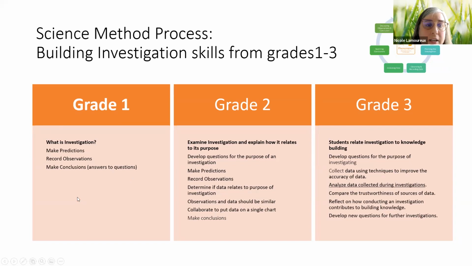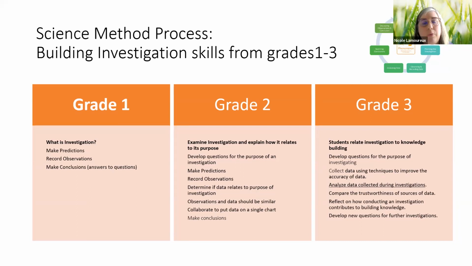To sum up, grade 1 is the foundation year of what is an investigation. So those major things like what is making a prediction, how to record those observations and making conclusions. Grade 2 then expands on that, as we've uncovered, to look at how it relates to the purpose, both investigative questions as well as observations in the planning phase and the analysis phase. Tiny bit of analysis, but analysis really comes out in grade 3.